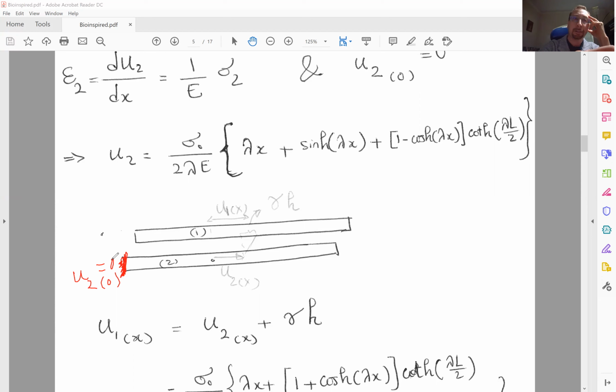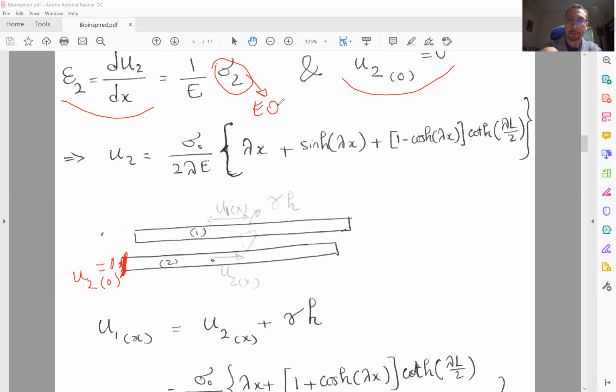But the differential equation we have to solve is actually this one. Epsilon 2, which is the derivative of U2 with respect to x, we can calculate based on sigma 2 that we already have, and this is our boundary condition. From equation 6, this is what we know.